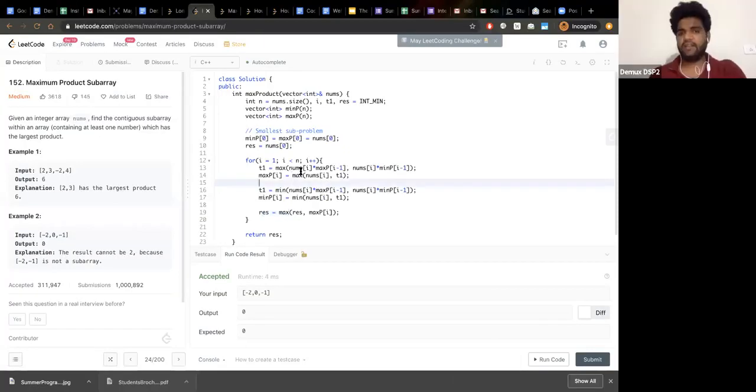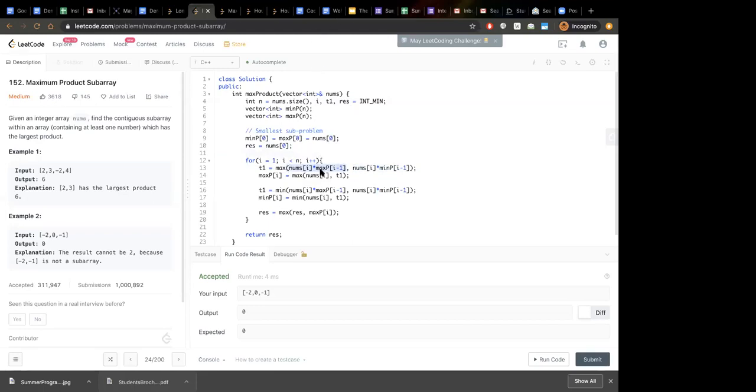We are checking whether nums i is negative or not. See, if nums i is negative, then out of these two products, which will be more? This will be more, right? If nums i is positive, then this will be more. Yeah, okay. So I have just taken care of that in this max.